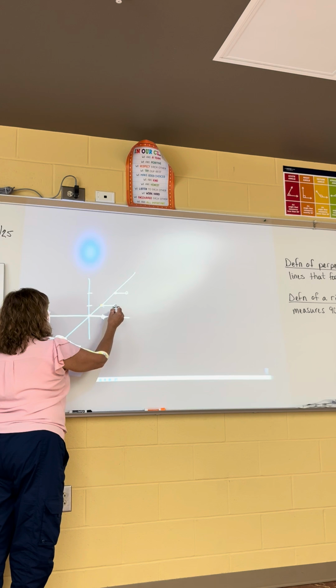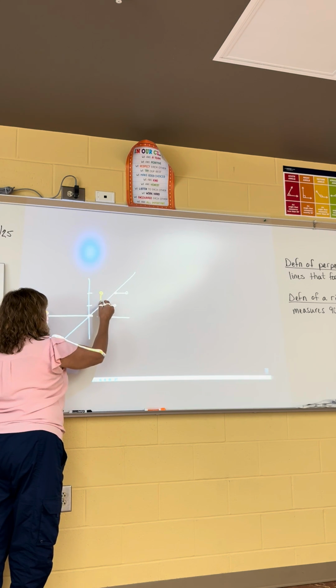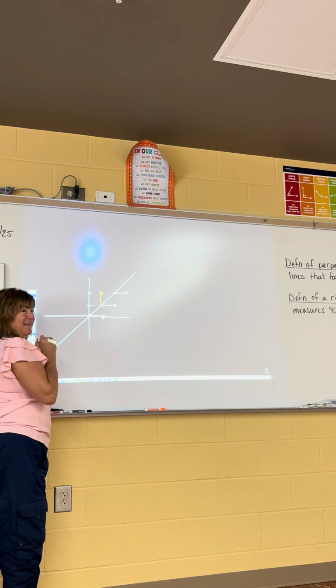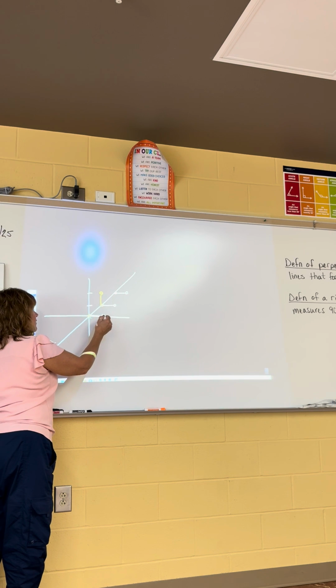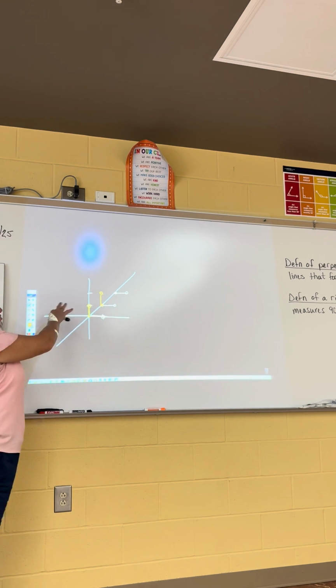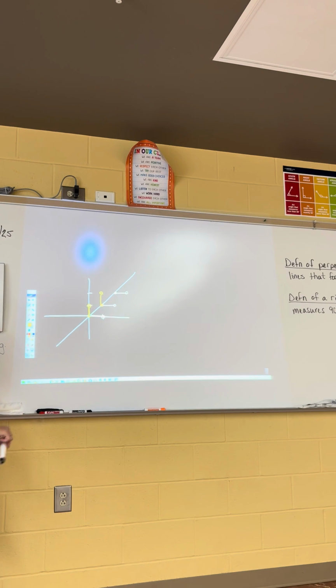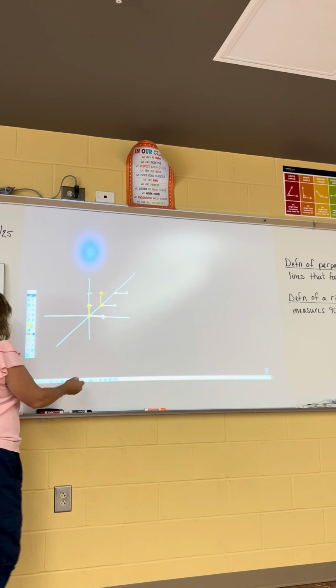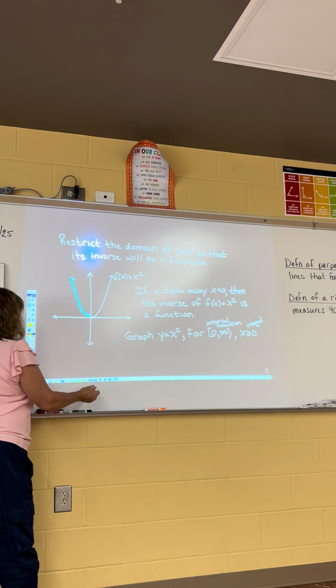This would stay here, this point would reflect over here. This point would stay here, this point would reflect over and be right there. So, greatest integer will never be 1 to 1. There's nothing you could do to that to make it be 1 to 1. That was a good one, I like that. Okay, anything else?